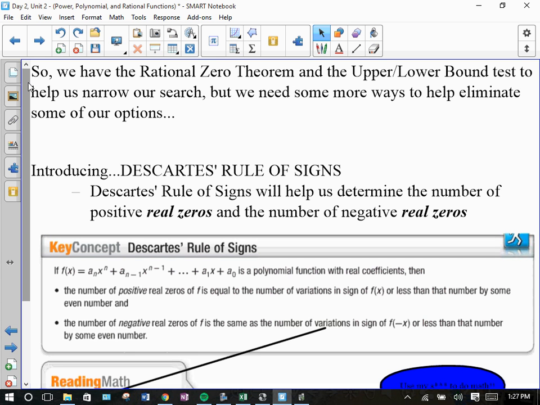Mathematically, what the Descartes rule of signs says is if you have a polynomial with real coefficients, then the number of positive real zeros of f is equal to the number of variations in sign of f of x, or less than that by some even number. And the number of negative real zeros of f is the same as the number of variations in sign of f of negative x, or less than that by some even number.